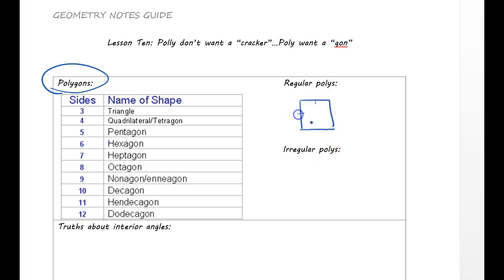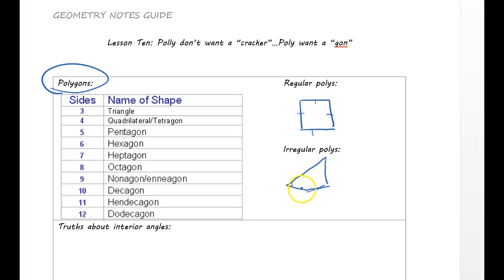This has 1, 2, 3, 4 sides, so it would be a 4-sided shape, but maybe they weren't all the same. So an irregular polygon might look like this, where maybe 2 of the sides match, but for sure all 4 of them do not match.